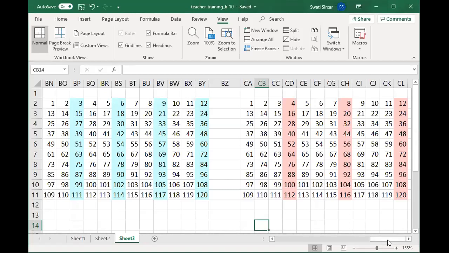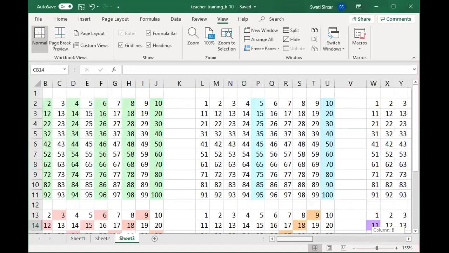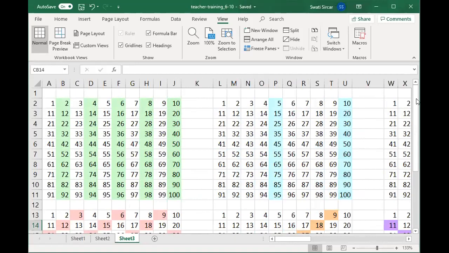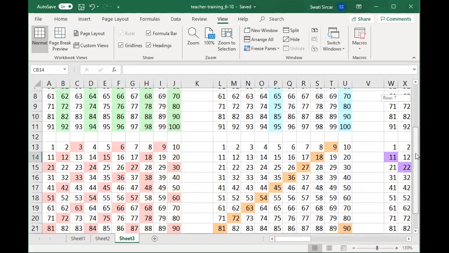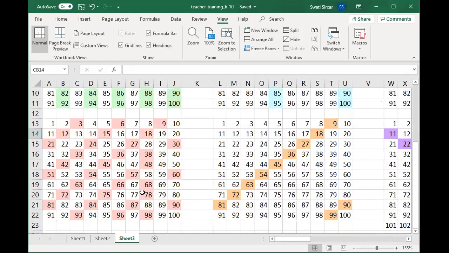The next one, which is also important: when you see this, you see some diagonal lines, right? Now, what is special about these diagonal lines?